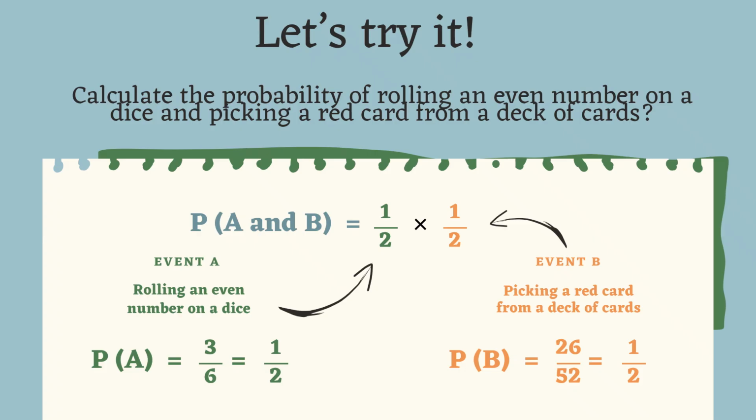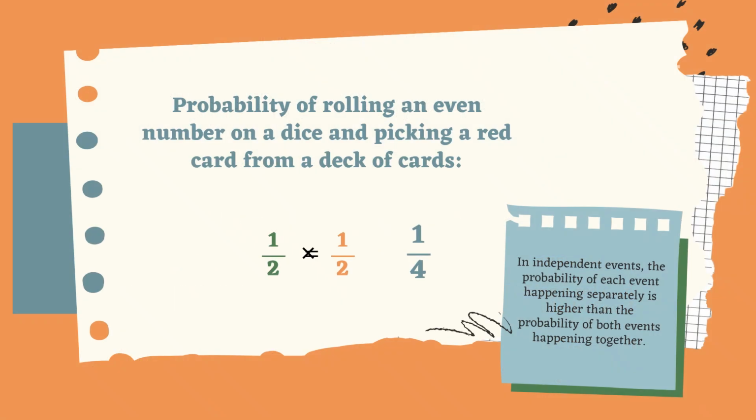In event B, picking a red card from a deck of cards, we have 26 over 52, or that is 1 half. So the answer is 1 half times 1 half, which is equal to 1/4.